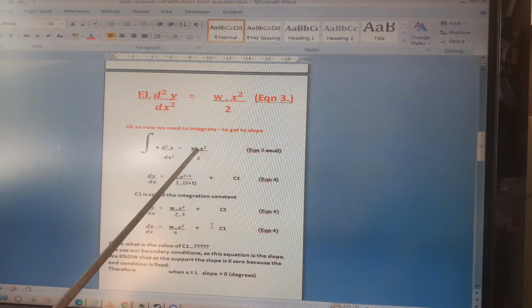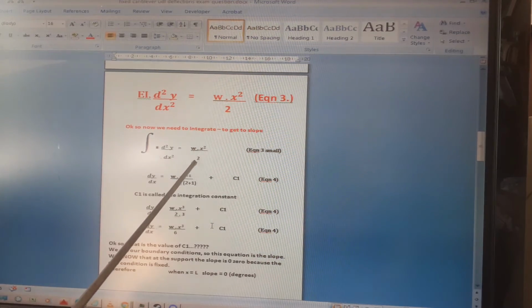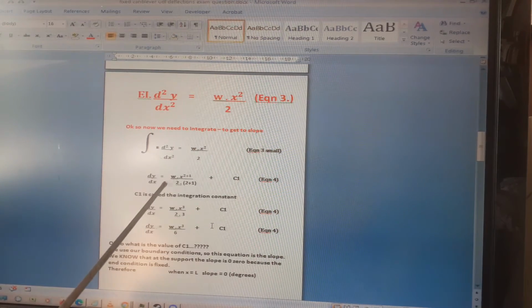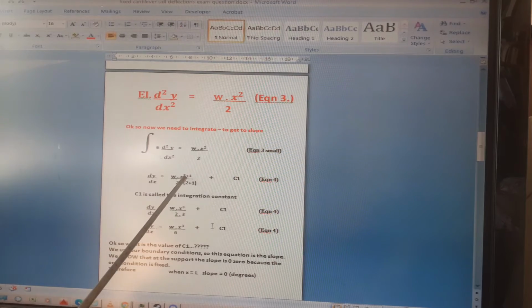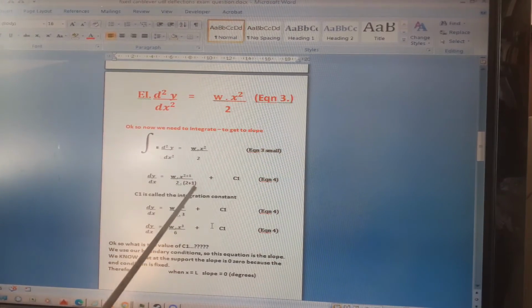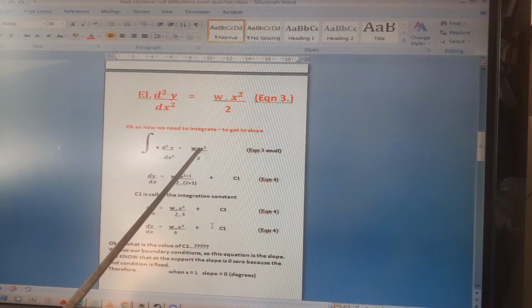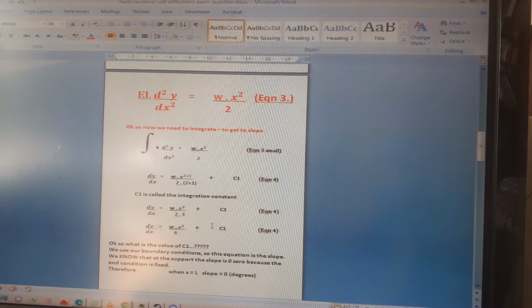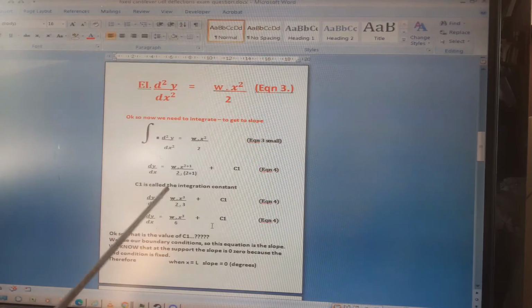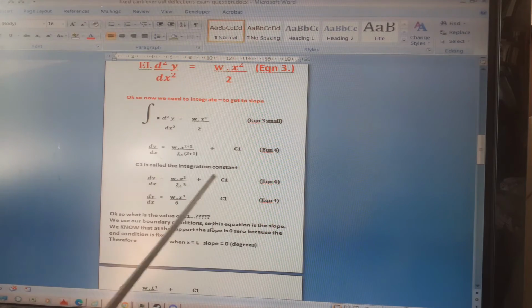If we integrate w x squared over 2, EI dy over dx equals w x to the power of 2 plus 1 divided by 2 times 2 plus 1, because when you integrate, you just add 1 to the power of x, which is x to the power of 2 plus 1. Then you've got the integration constant, c1.